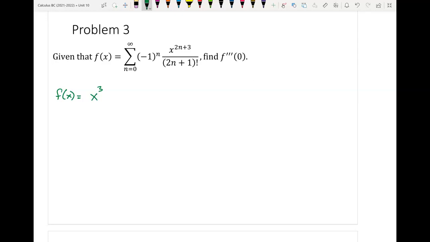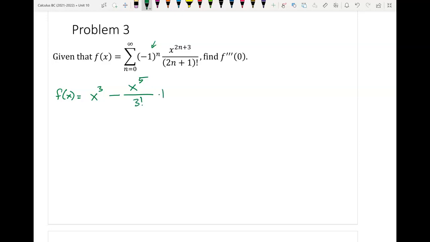All right, n equals 1. Now that term, this is our alternator, so we're going to be negative. Go ahead and plug in 1. 2 times 1 is 2, plus 3 would be x to the 5th, over 2 times 1 plus 1, so that'd be 2 plus 1 would be 3 factorial.